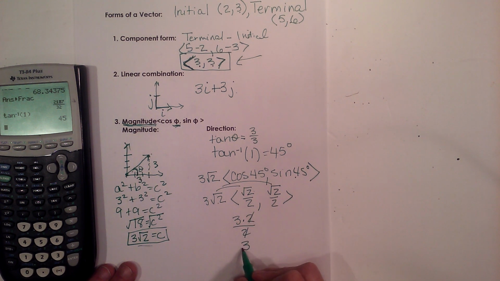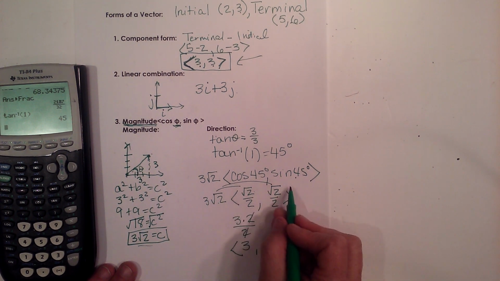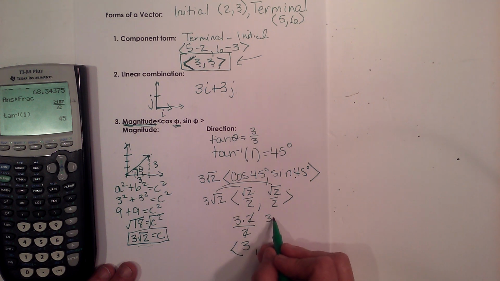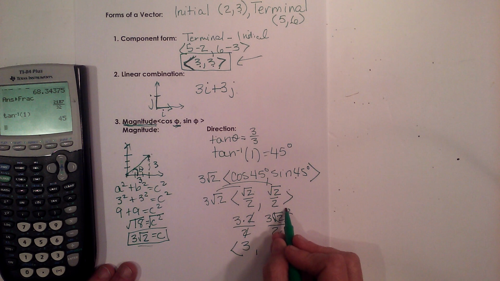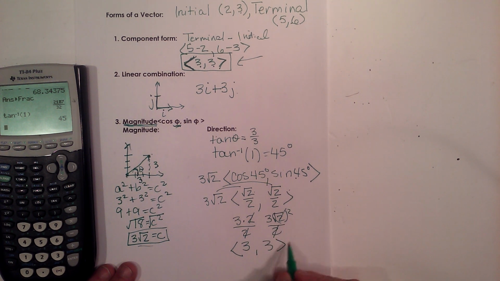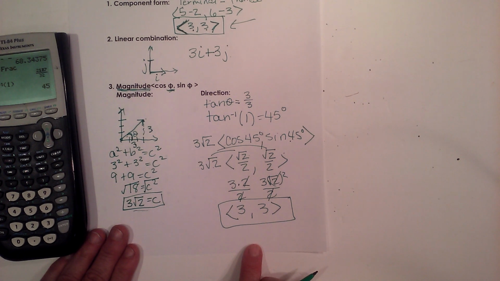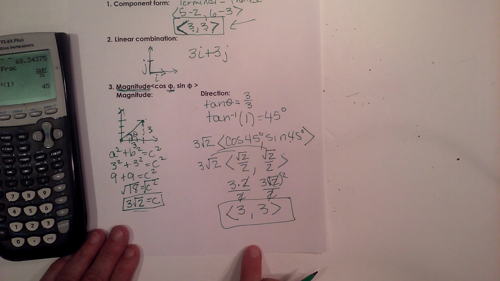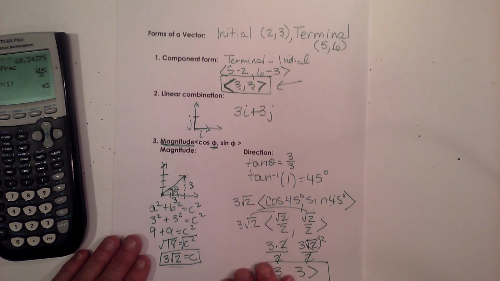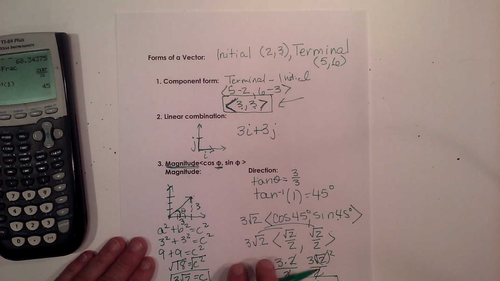So it ends up being 3. And you multiply the second one, you get the same thing. 3 times root 2 times root 2 over 2. They cancel, 3. And look, you have the component form of the vector. So there you go. And that's how you can write a vector in 3 different forms.